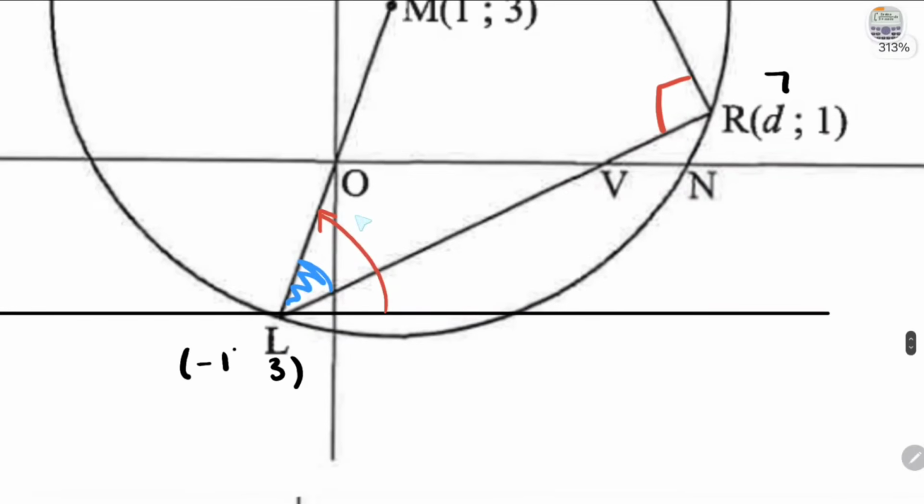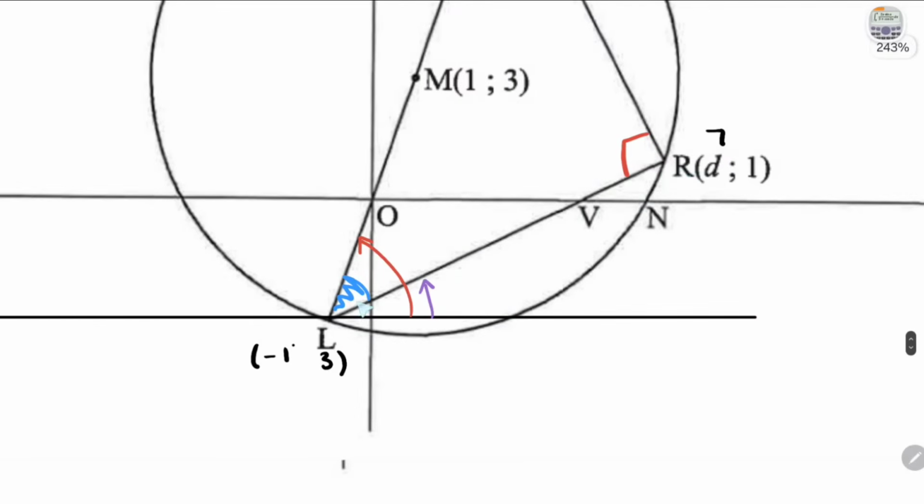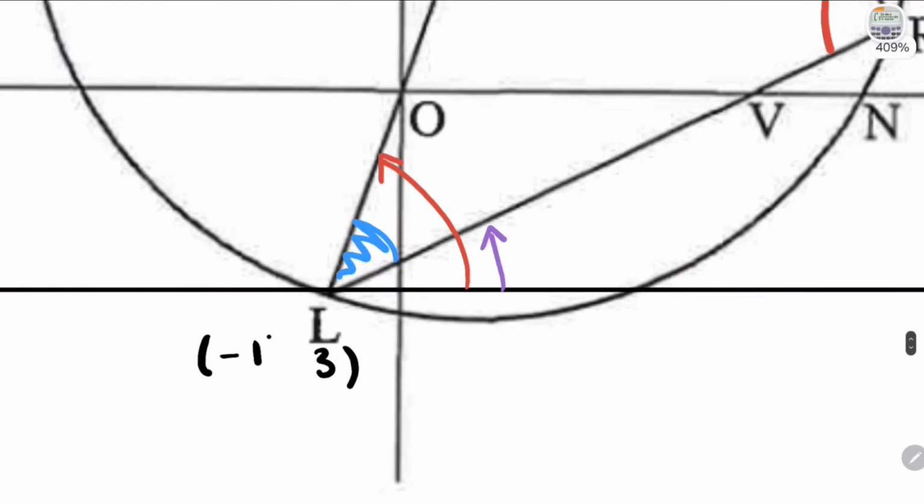If you found the angle of inclination of that line, and then you found the angle of inclination again from the x-axis to that line, let's just change the color, x-axis to that line, do you see, okay, that line LR? Do you see that if you subtract these, you're going to be left with this angle? So we're really saying this entire angle minus this angle gives you this angle L that we're looking for. And that is how we would find angle L.